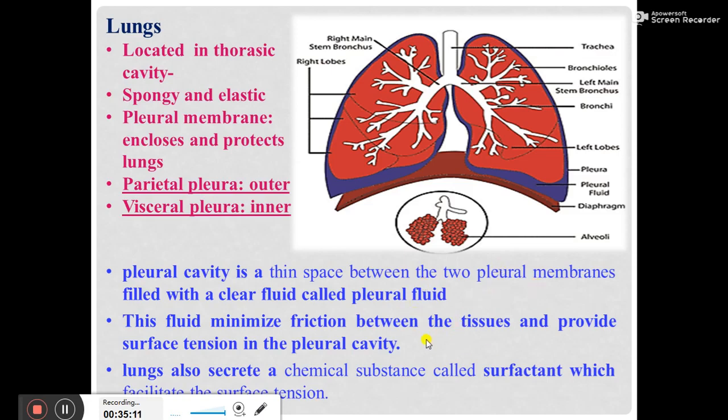So you should know that the lungs are covered by the pleural membrane, and the parietal and visceral pleural membranes form a cavity called the pleural cavity, filled with a clear fluid that helps reduce friction and assists the lungs.